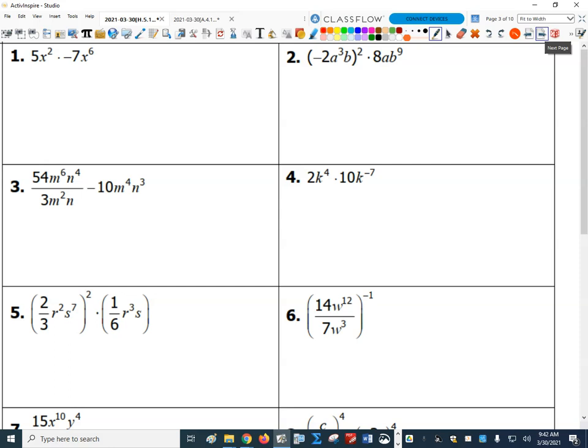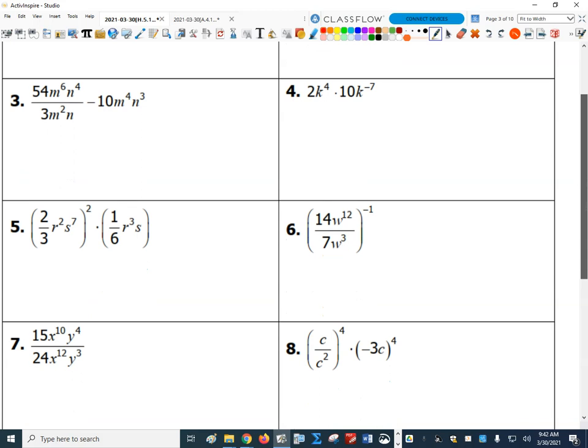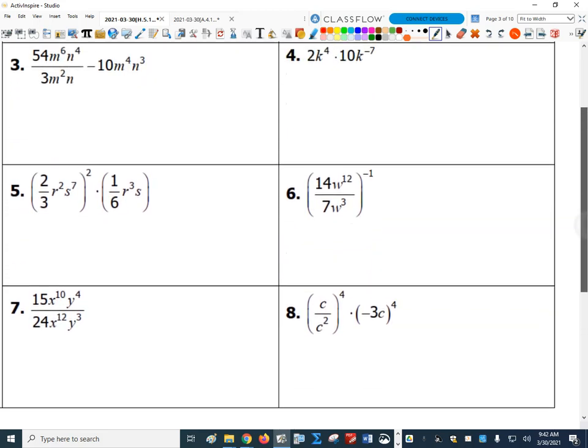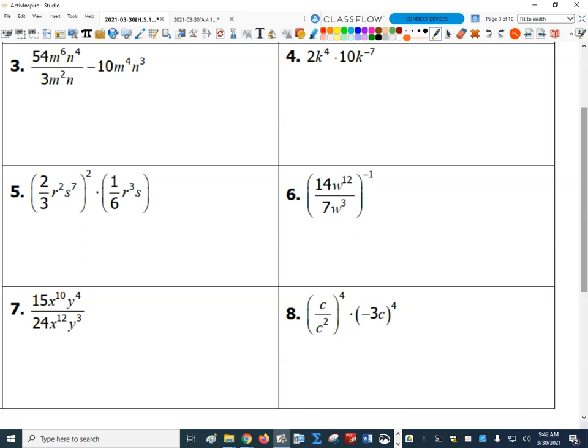So let's just go through a couple quick examples. We'll skip down to some hard ones here. Let's look at, I'm going to make a couple up. I'm not satisfied that these are hard enough. Let's look at number 5. That's a good one. So number 5. And I'm going to cut and paste here. So we can make this a little bigger.